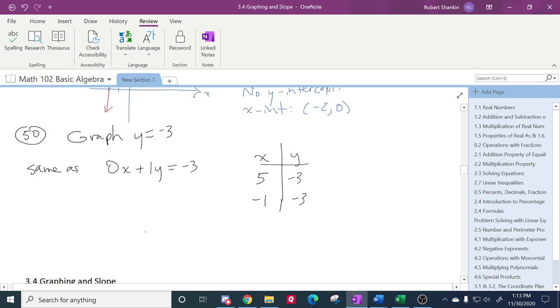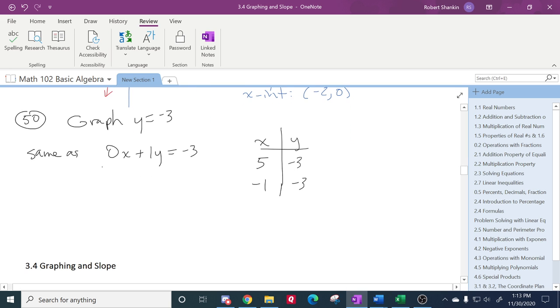And when I graph these, the graph of a y equals a number, remember the y's are heights. This is saying, in a way, that the height of each point is -3.